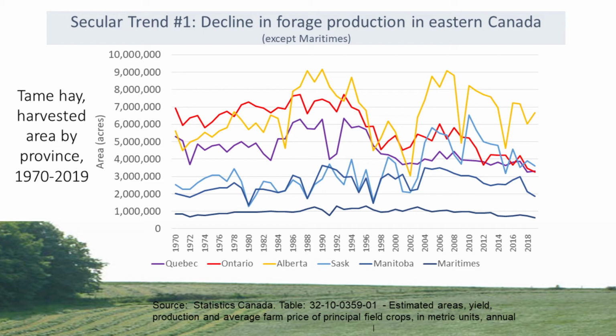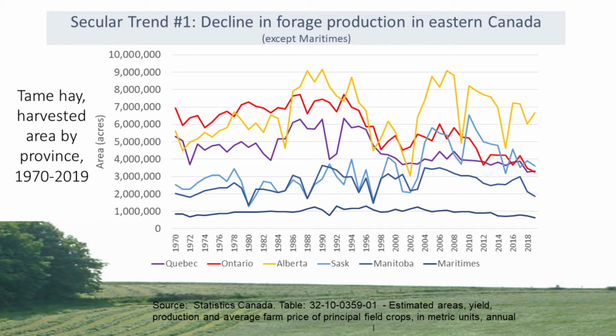If you look at the Maritimes, it's held steady. If you look at the prairies, so Alberta, Saskatchewan, and Manitoba, those areas have seen an increase in tame hay harvested area, or at least the maintenance of that harvested area. So it's really only in Ontario and Quebec where we've seen a pretty large decline over the past 50 years in forage.